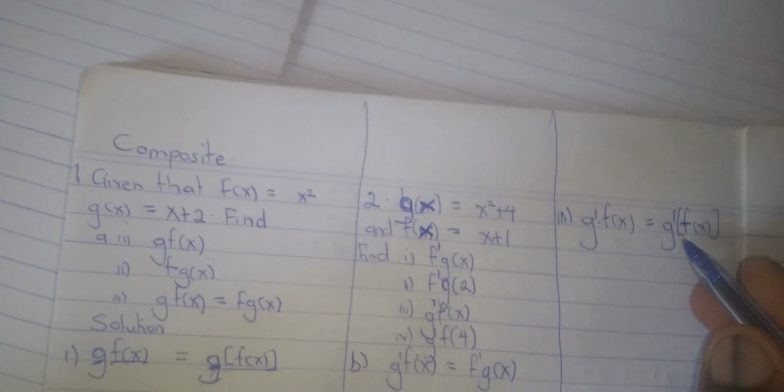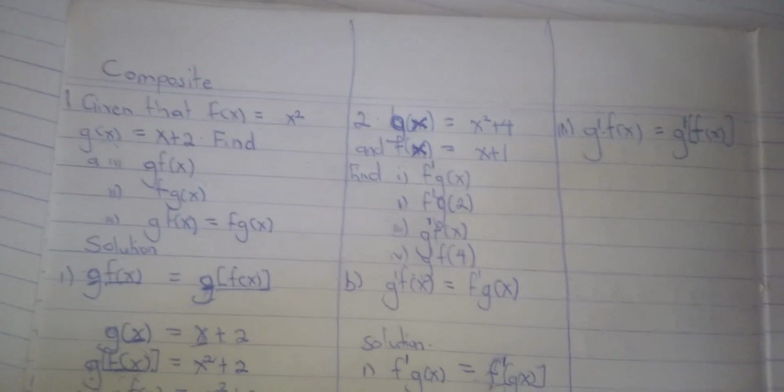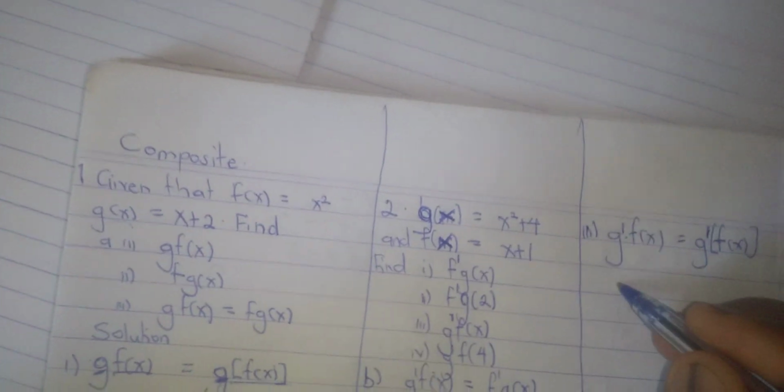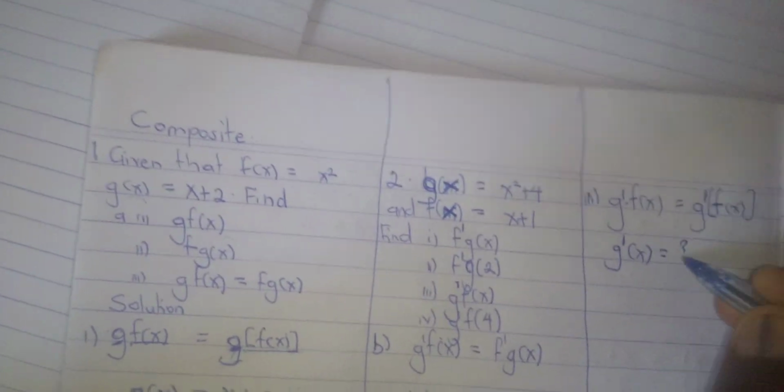So we shall finally be having g inverse as the controller, or our mother. So we shall take note what will be g inverse of x. This is what we are looking for now because it is the mother.